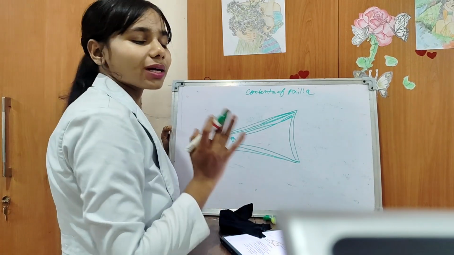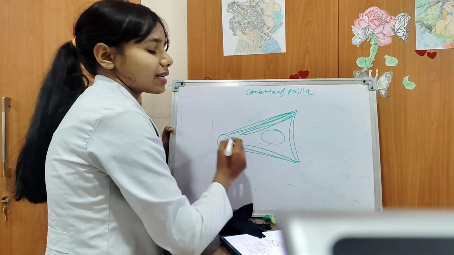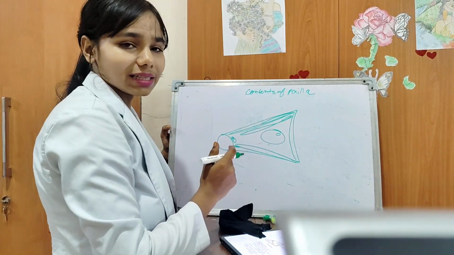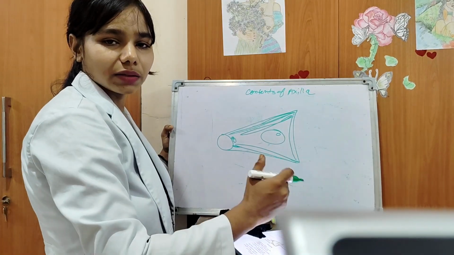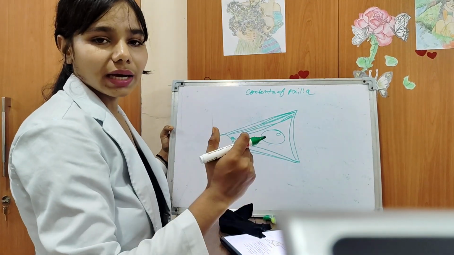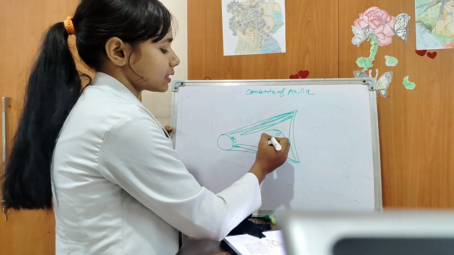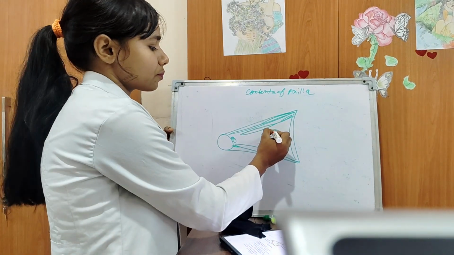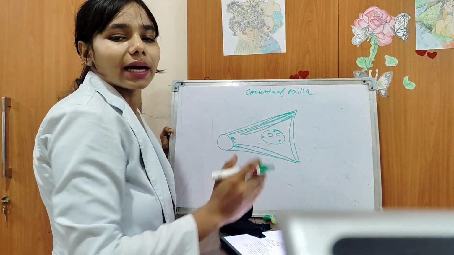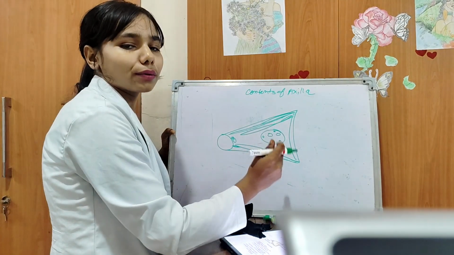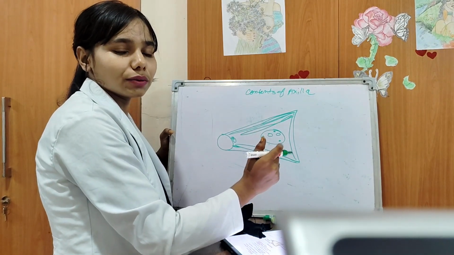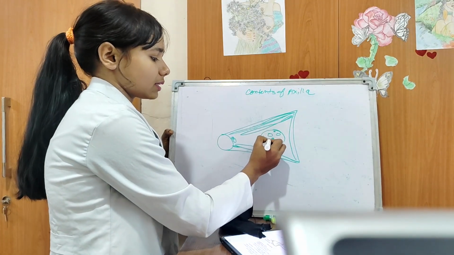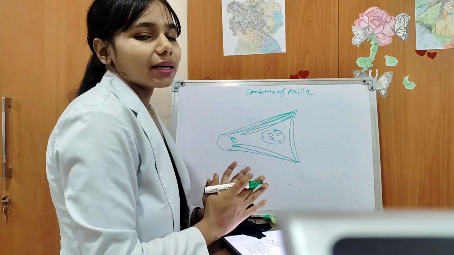There is the axillary sheath, and that contains the axillary vessels: the axillary artery and its branches, the axillary vein and its tributaries, the cords of brachial plexus, and lymphatics, the axillary lymph nodes. There are five groups of axillary lymph nodes. These are the contents of axilla.